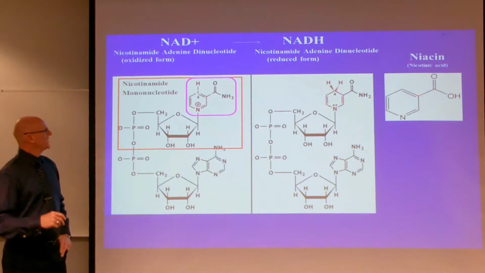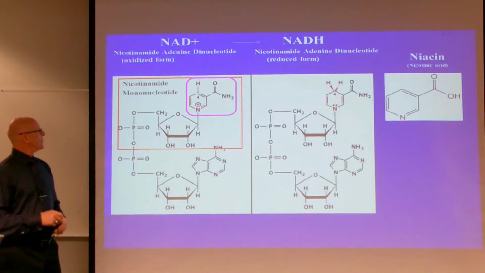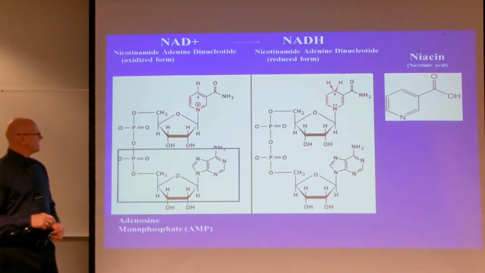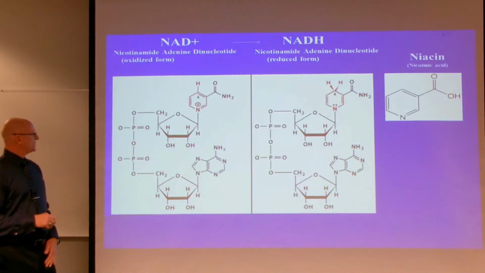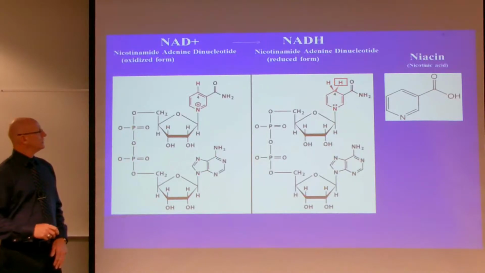So this is where we see niacin in nicotinamide adenine dinucleotide. And here is the 5-carbon sugar base and its phosphate. Now this is the other nucleotide, and this is adenine, this is the ribose sugar, and its phosphate. And again, this is where it is reduced right there.